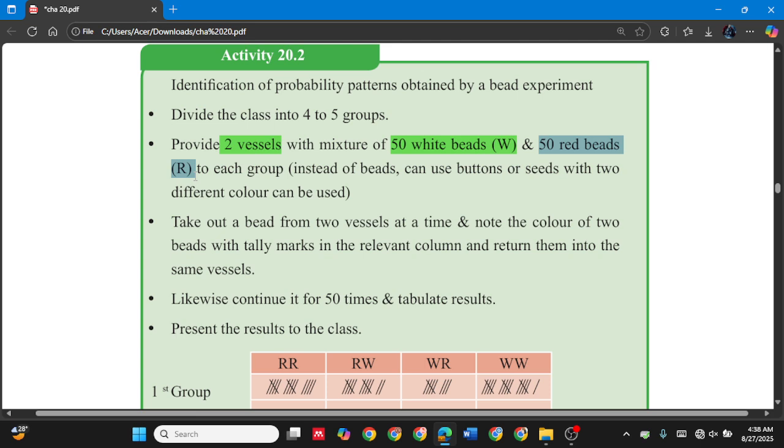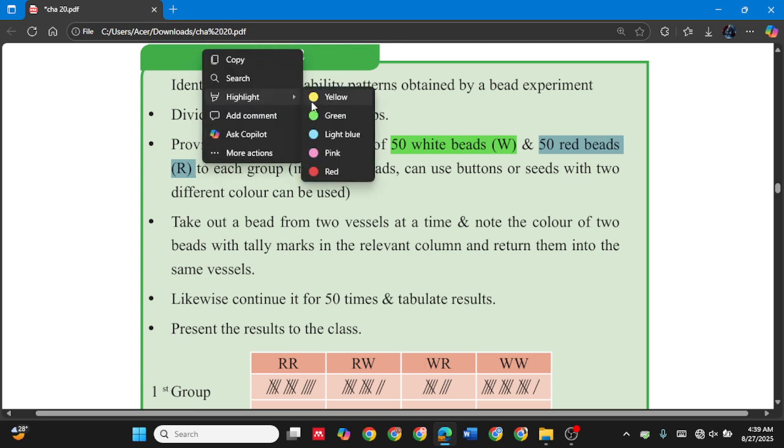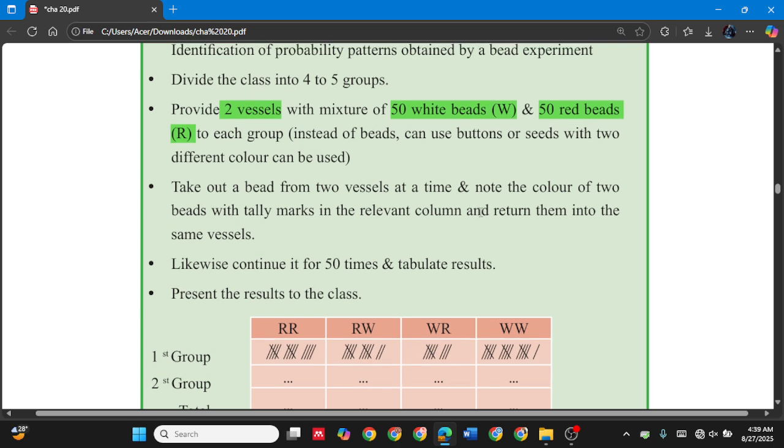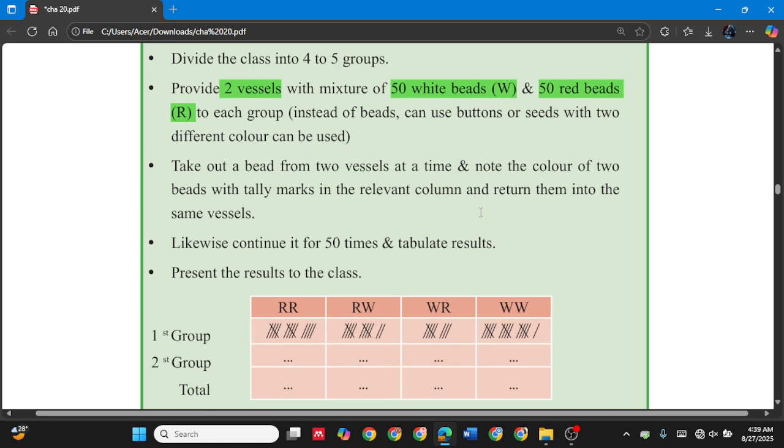We identify white as W and red as R. So you are getting one bead from each vessel, and both vessels contain 50 white and 50 red.